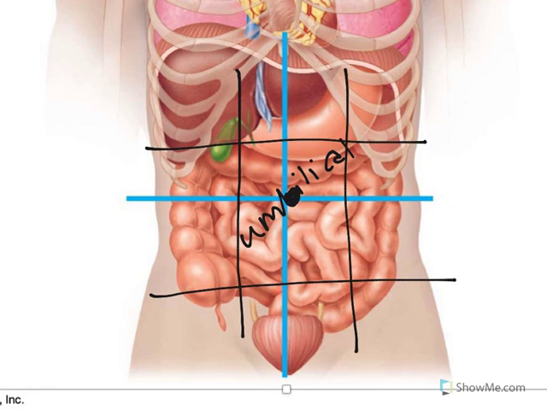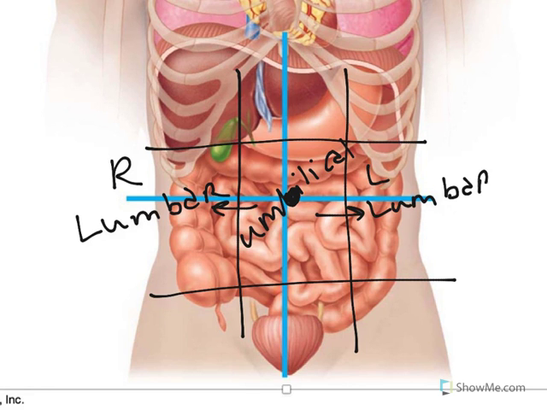If we move to the sides of the umbilical region, we have the right lumbar region, and we have the left lumbar region, which if you were to reach around, this would be on each side where the low back is actually located. So that lumbar region kind of comes around the side of the body and towards the front.